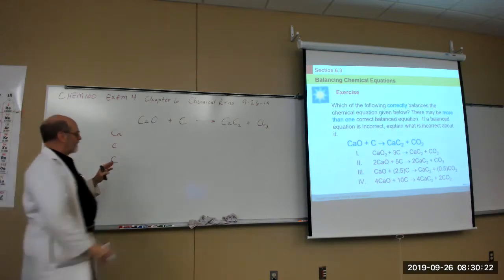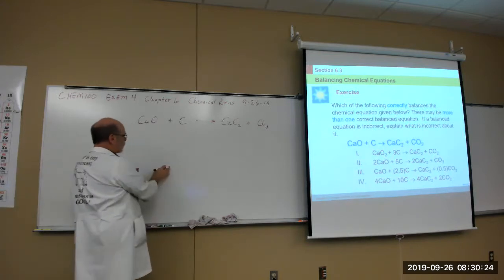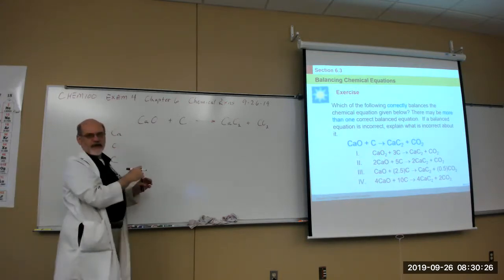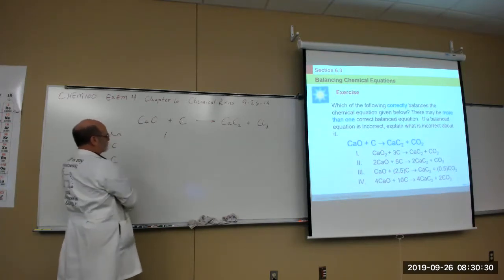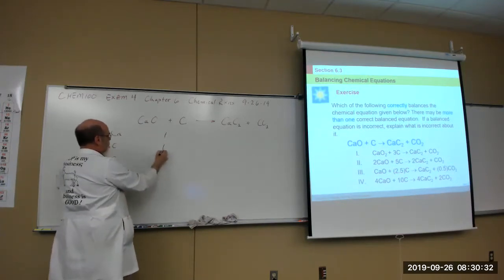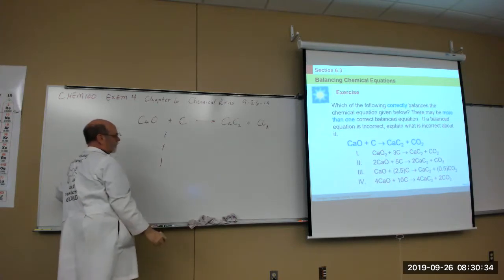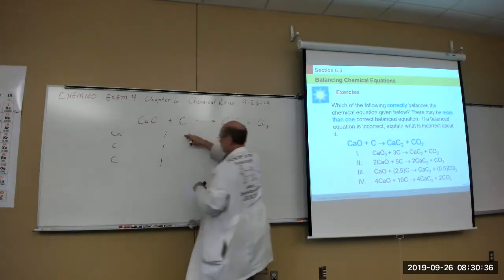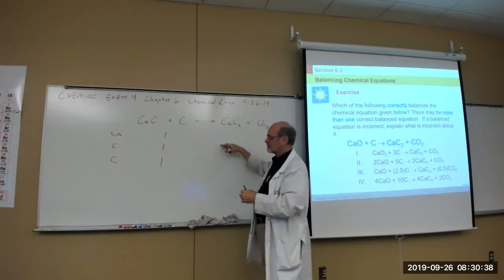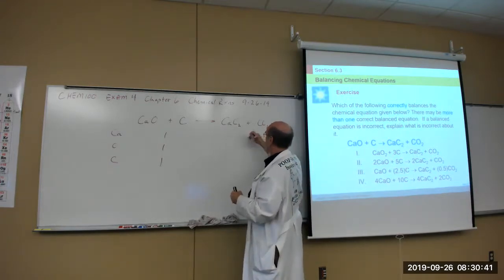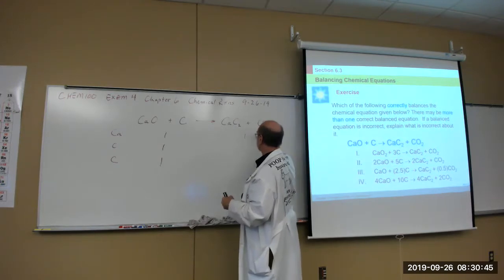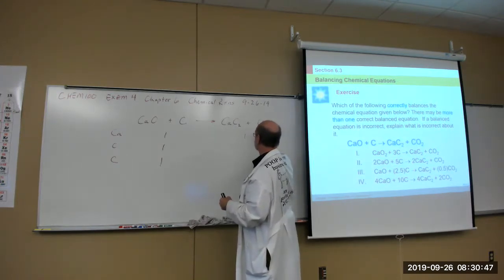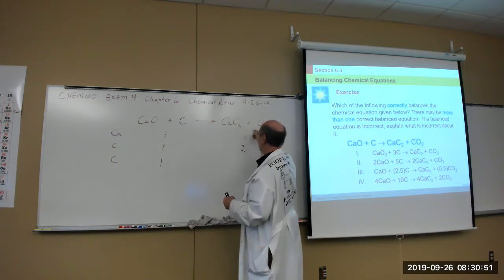Okay? And then under this side, you put what's on the reactant side. How many do you have? So we have one calcium here. We have one oxygen. We have one carbon. Then over here, kind of set up a table. Over here you have one calcium. We have two oxygens, yes, two oxygens and three carbons.